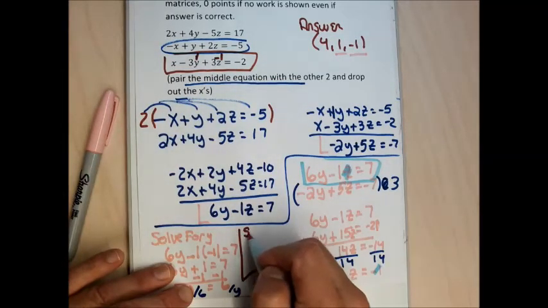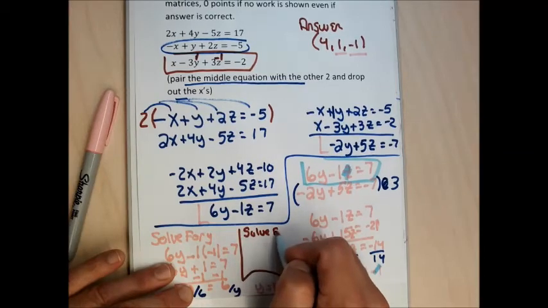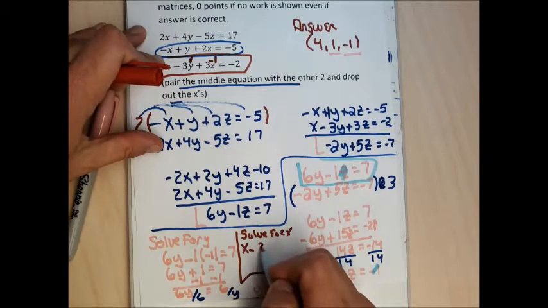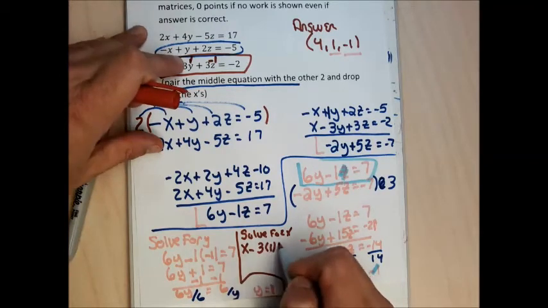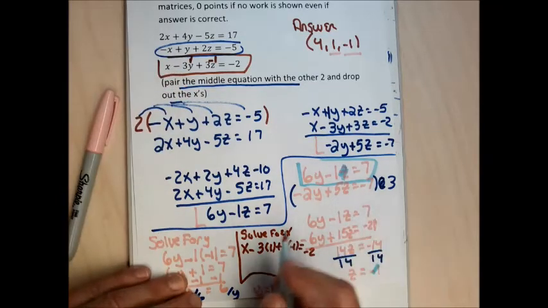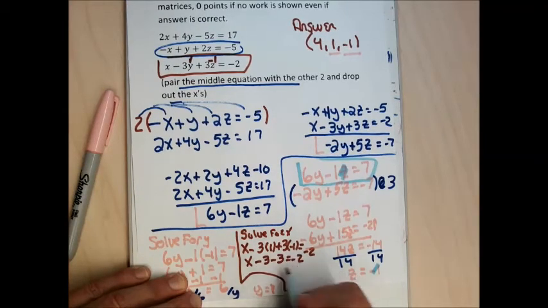So when I go to solve for x, I'm going to go x minus 3 times 1 plus 3 times negative 1 equals negative 2. This is going to give me x minus 3 minus 3 equals negative 2.